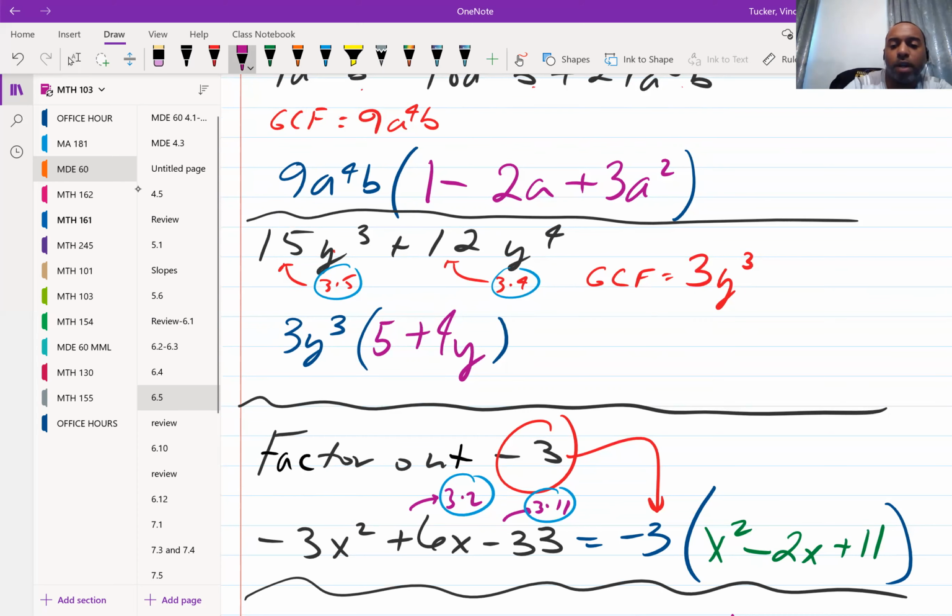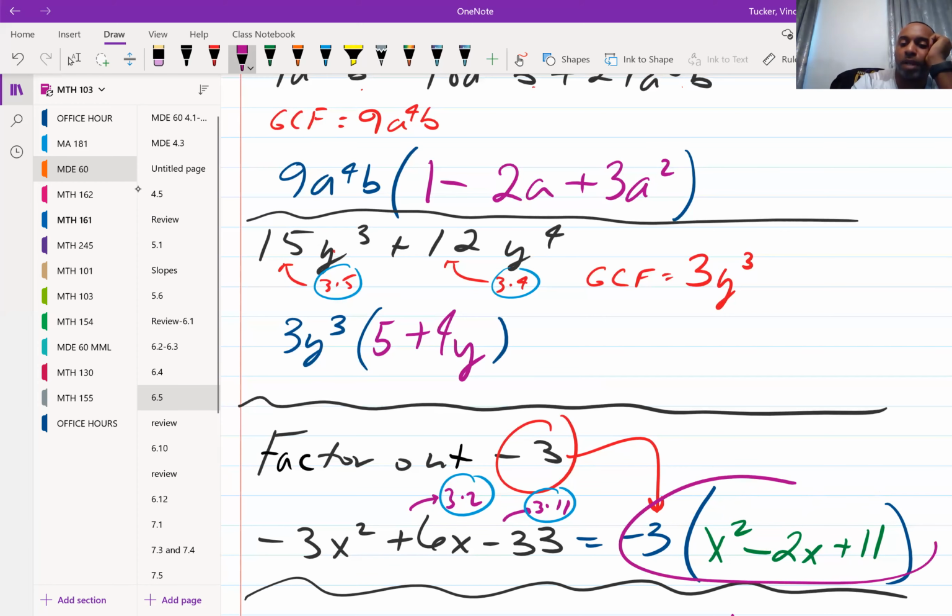So from the -3x squared, that'll leave you with just the x squared. I had a positive 6x, so when I pull the -3 from it, that'll leave me with -2x, because -3 times -2 will give me positive 6 back. Then I had a -33. So I pulled -33 from it, and that'll leave me with a positive 11.